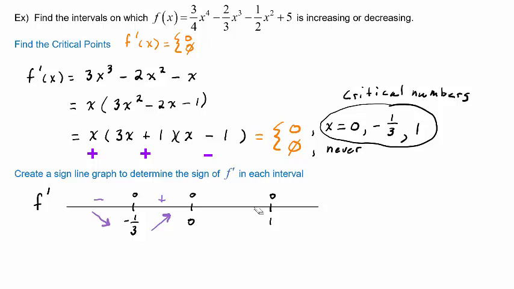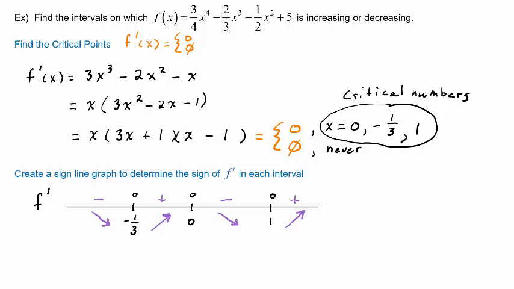So in this interval, the derivative is negative, which means the function is decreasing. Now over here, we could use a test point of 2, or 100, or 1,000, or 1,000,000, but 2 is fine. We would have a positive times a positive times a positive is a positive, which means the function would be increasing.